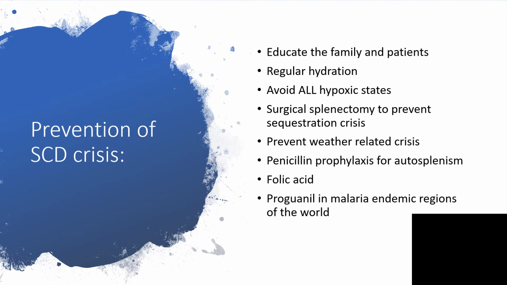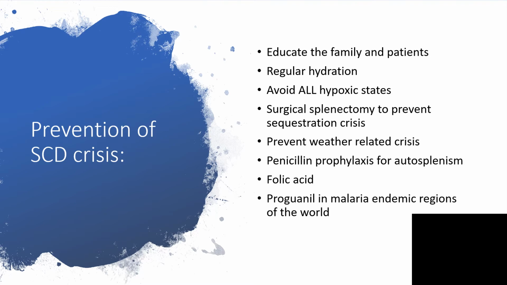Then, regular hydration, avoid all hypoxic states like climbing mountains. Anywhere, anything that would decrease oxygen availability, they should run away from such. Surgical splenectomy to prevent sequestration crisis, that might not be what many people will advise, but is going to give peace of mind to both the affected child and the parents.